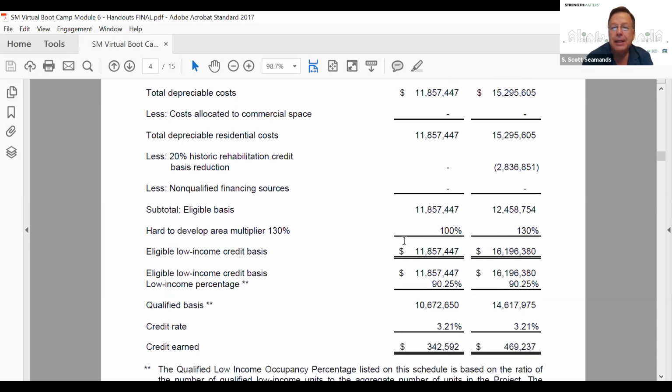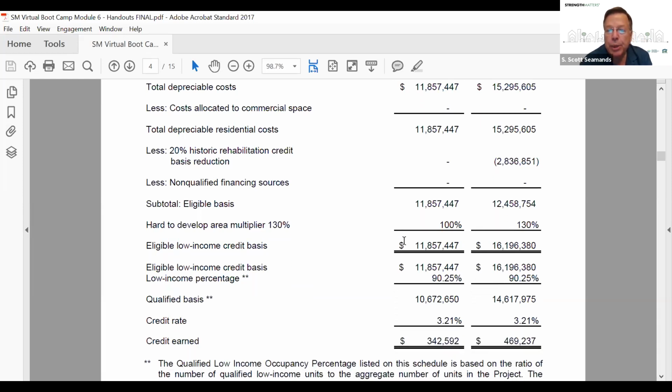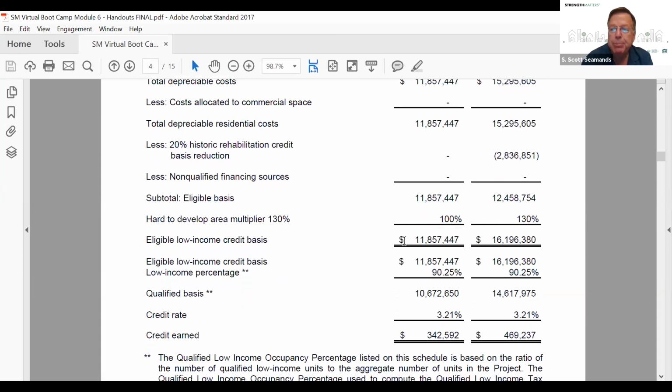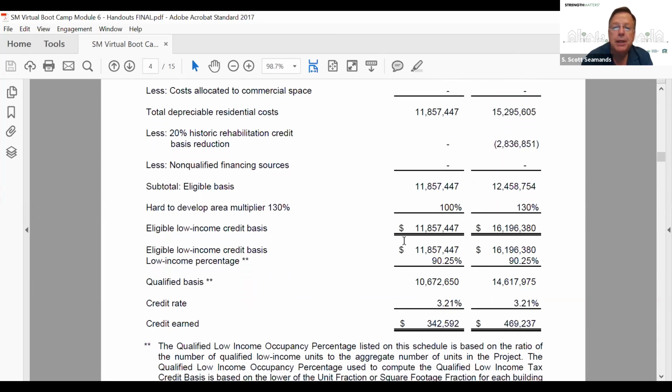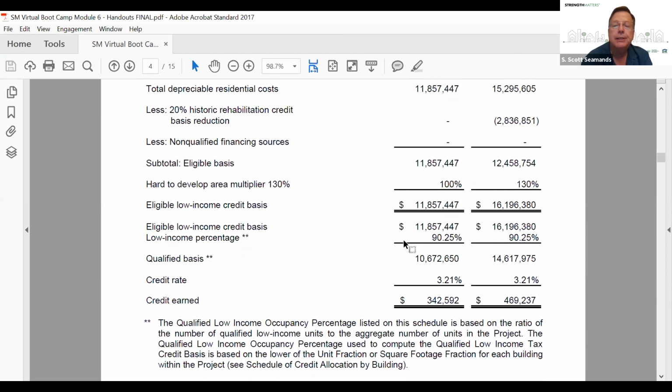So that came up to 11.8 million acquisition, 16.1 on the rehab. And then this low income percentage, 90% in this case. So that tells us that it's not 100% affordable. And we'll see, in a few pages, a breakdown of which units or which buildings have some market rate units.